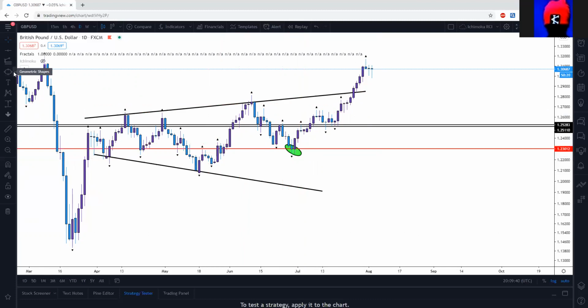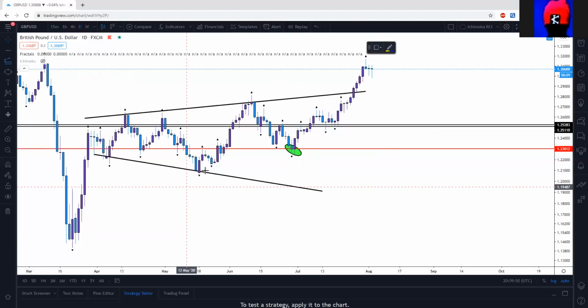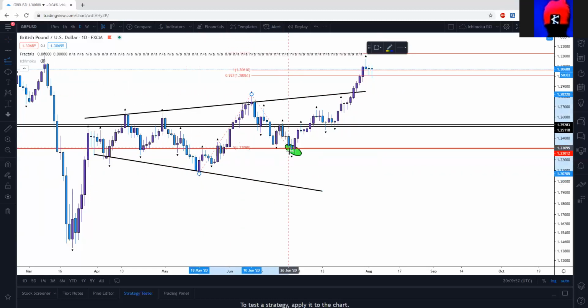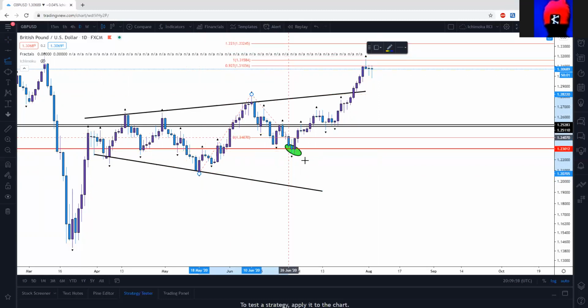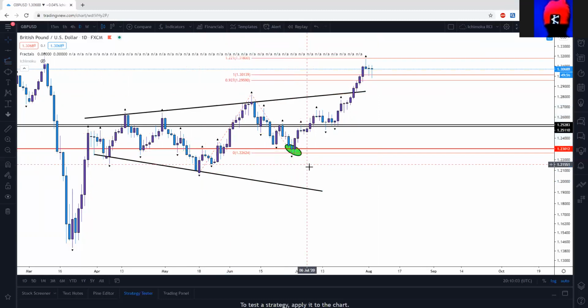So what we're gonna do, go ahead and we're gonna whip out our trend fib extensions. Go from this low point, the high point, back down to this low point right in here. And now we have our targets.